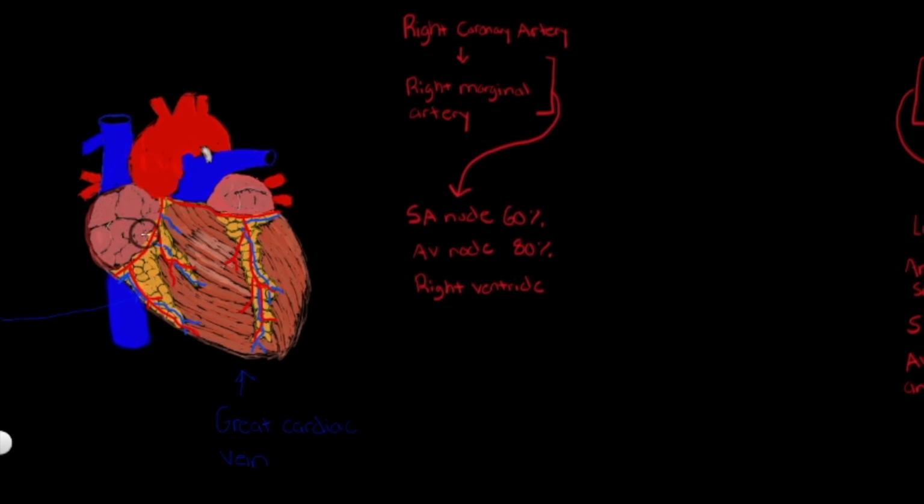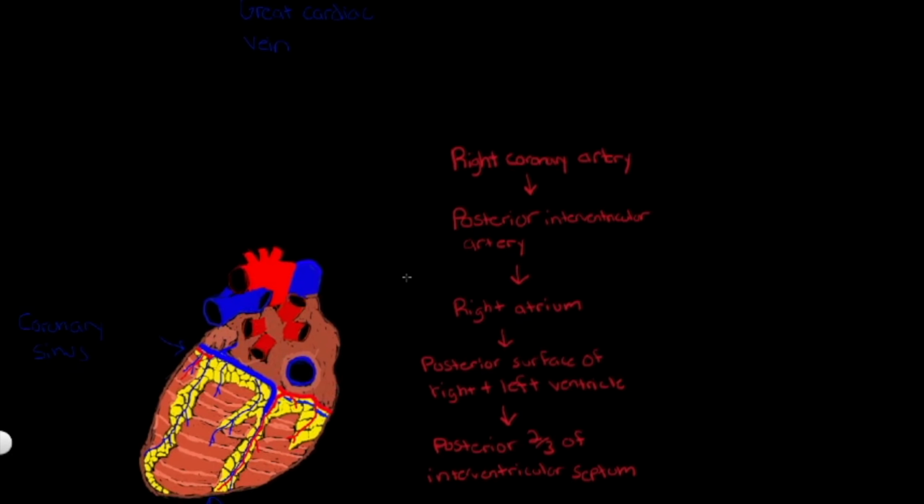And there's another node called the AV node, which would probably be right around here. Again, hold on to that thought, and we're going to cover that in our next video. But the main thing I want to focus on is the right marginal artery.